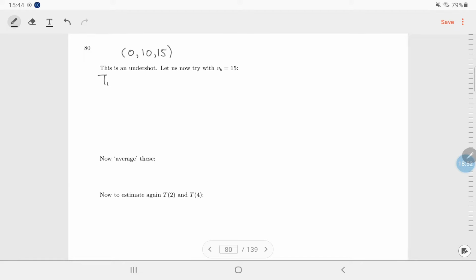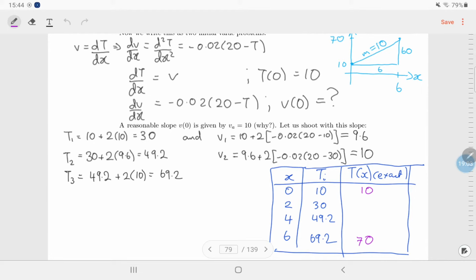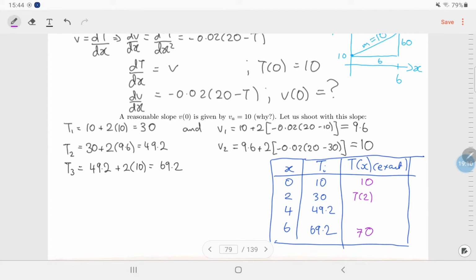What's T1? T1 is an approximation of the true temperature at x equal to 2. So that 30 is an approximation to that. What's T2? It's an approximation to the true temperature at x equal to 4. So that's what that 30 and that 49.2 represent.